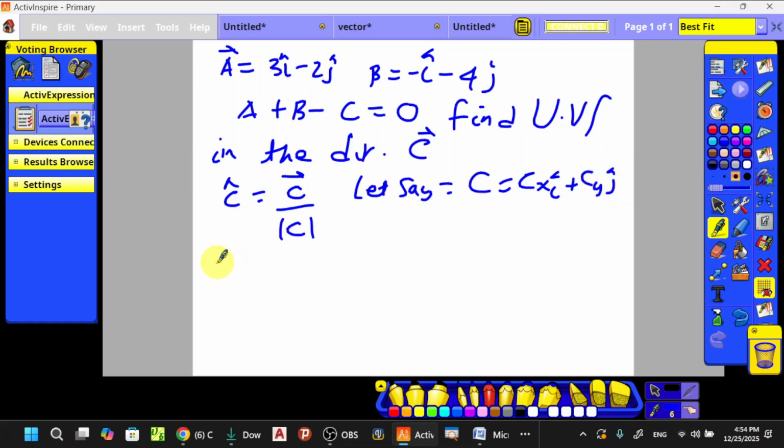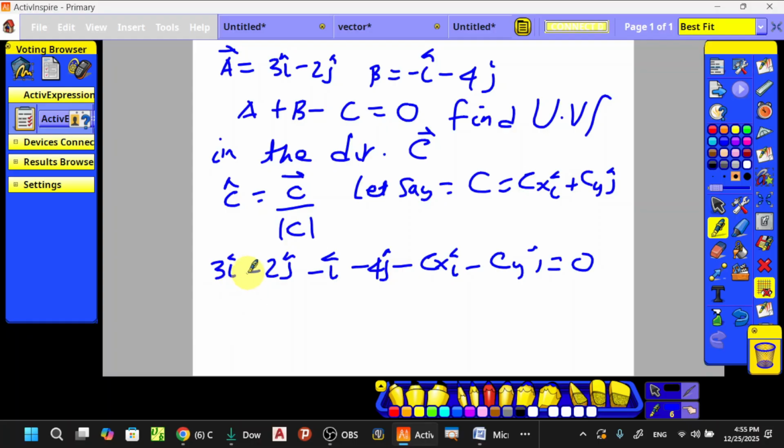So a plus b minus c is equal to 0 means 3i minus 2j minus i minus 4j minus cx in the i minus cy in the j is equal to 0.